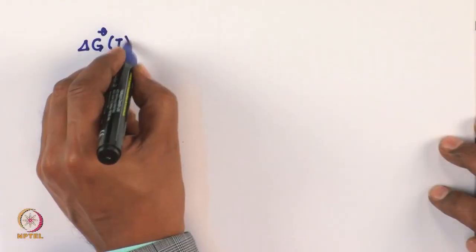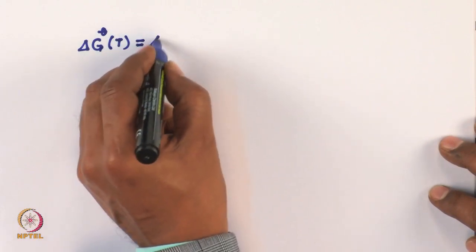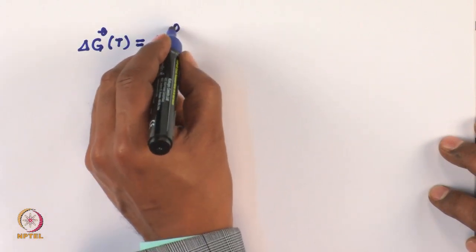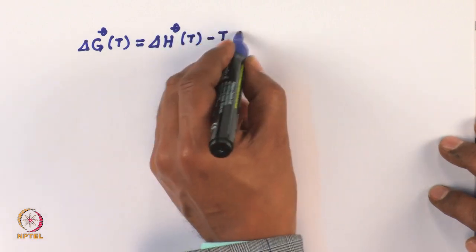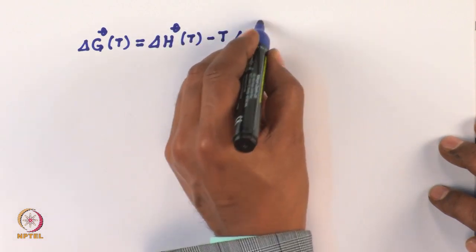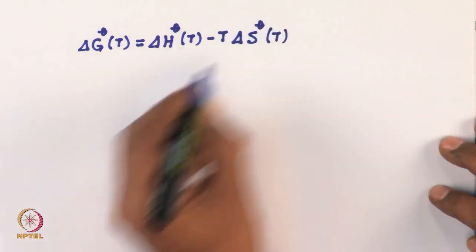So, delta G naught at any temperature T will be equal to delta H naught at that temperature minus T delta S naught at that temperature.